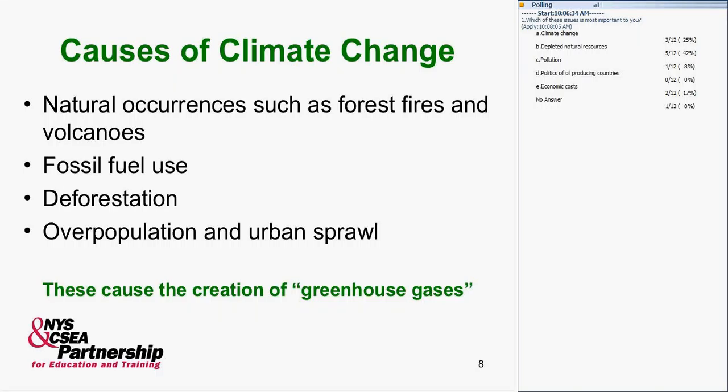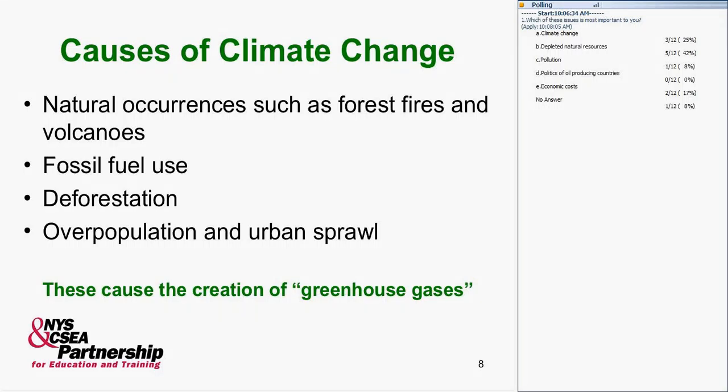We're also slowing down the amount that gets taken out by cutting down the trees. Plant life is what absorbs the carbon dioxide in the first place and puts it back in the earth. The more trees we cut, deforestation, as we cut things down for housing, for buildings, for development, we're taking out the one thing that would stop climate change.